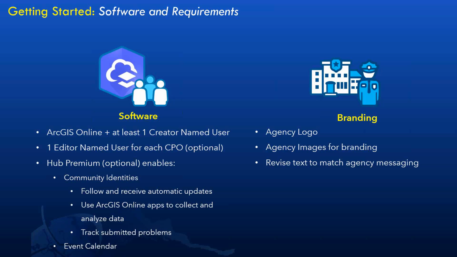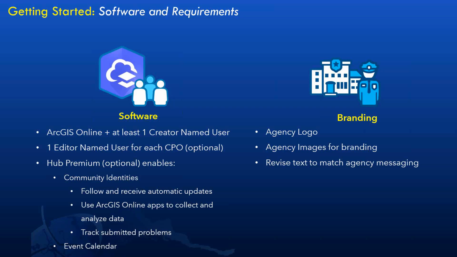It's leveraging ArcGIS Hub, which comes free at the basic level as part of your ArcGIS Online subscription. If you're going to leverage that community crime problem solving process, you're going to need an editor named user for each of your community policing officers. However, that's optional. That's not something that you have to have or have to deploy.